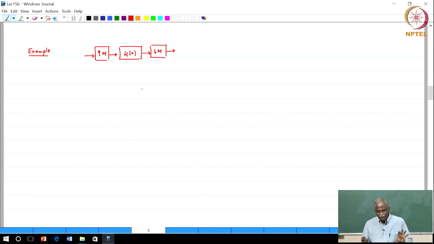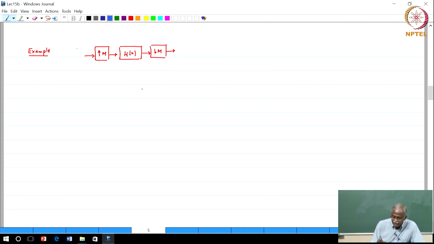It turns out that when you start looking at filter banks and a number of structures that we are going to be studying, the primary motive is not sampling rate change, but processing. And when you do processing, then input and output invariably will be at the same sampling rate, but some processing would have happened inside of the multirate structure. So, this is actually a very useful structure, something that we will encounter quite a bit.